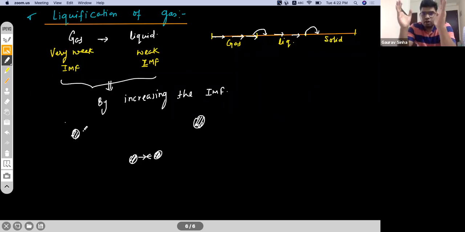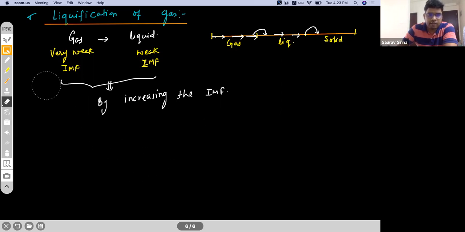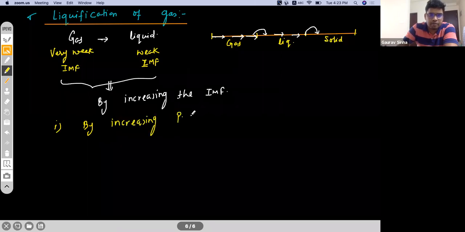Pressure we are increasing, volume will decrease, gas contracts, and when gas contracts, the average distance between the gaseous particles will decrease, and hence the interaction increases. So the first way we can achieve conversion of gas into liquid is by increasing pressure.